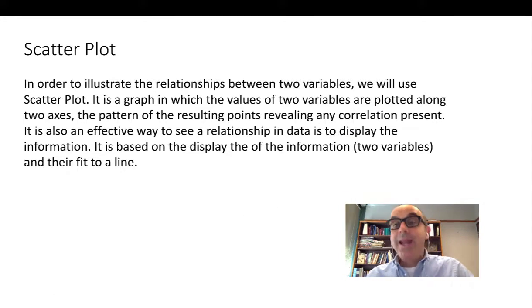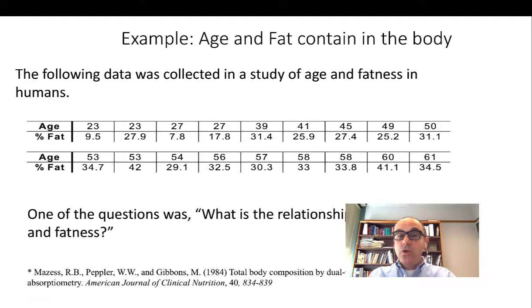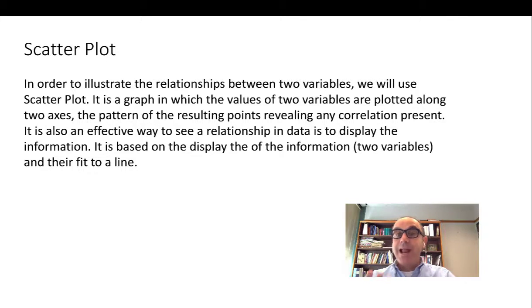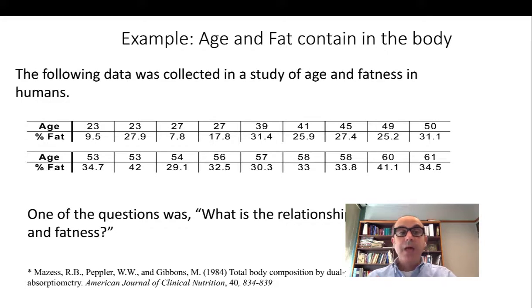The best way, and again, I am a very visual person, the best way for us to illustrate the idea of the relationship between one variable and another, or two variables, is a scatter plot. Let me illustrate the idea.